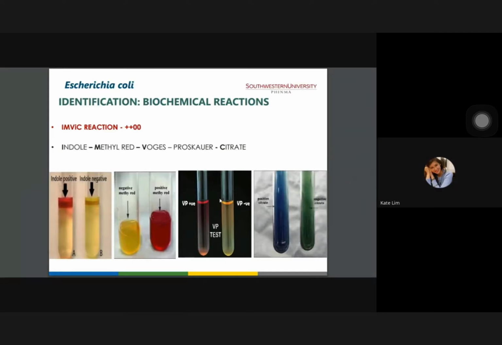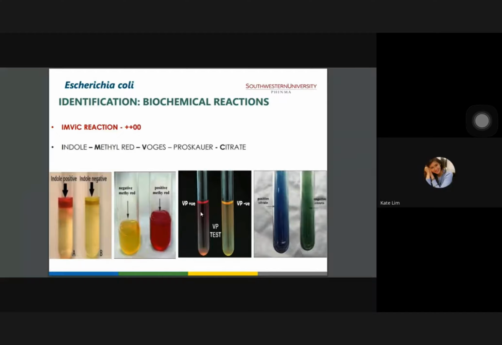What is this product? We call that product acetyl methyl carbinol, or what we call acetoin. So that is what we should be detecting, the acetoin.